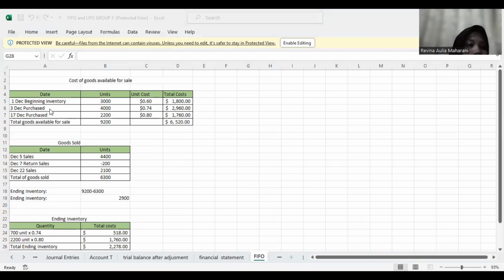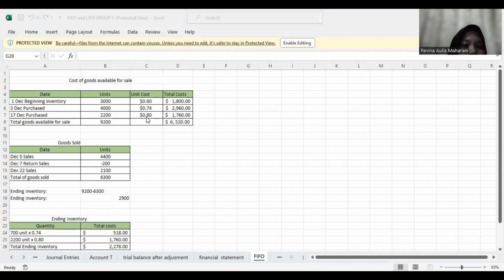December 3 purchase, 4,000 units, 0.74 per unit. The total cost is $2,960. December 7 purchase, 2,200 units.